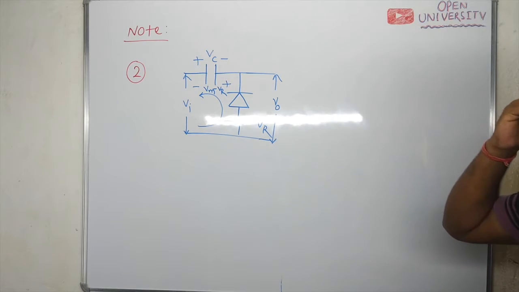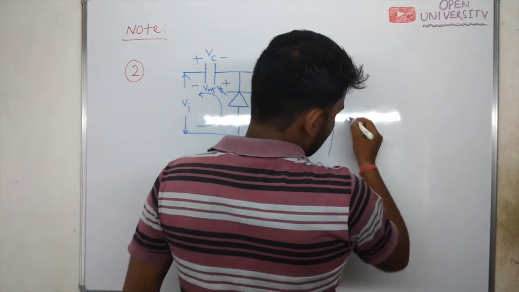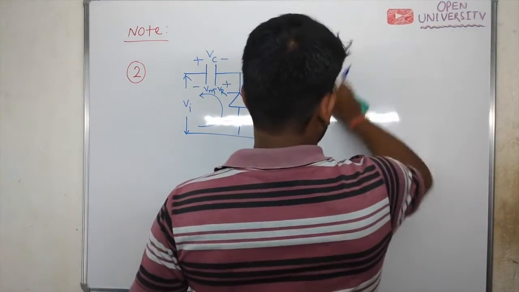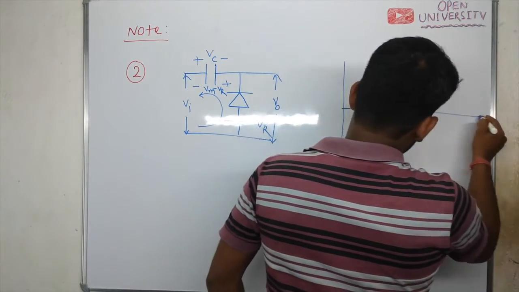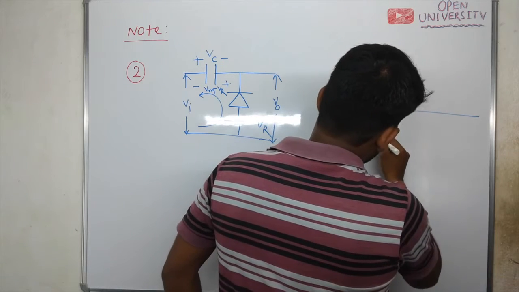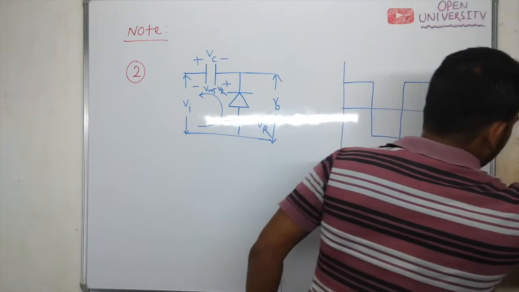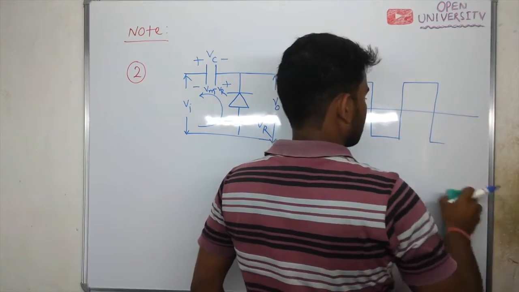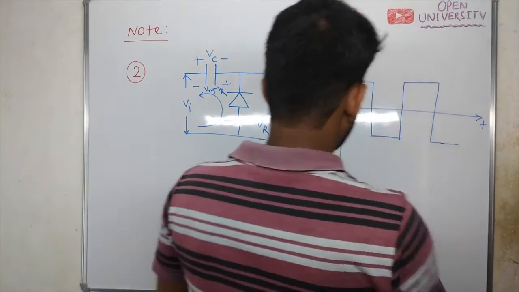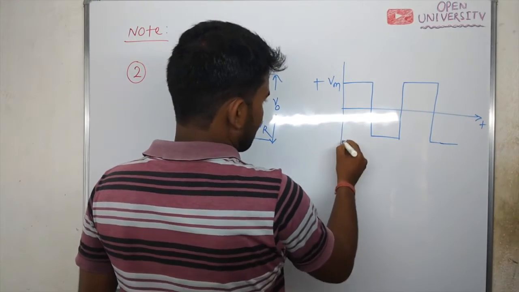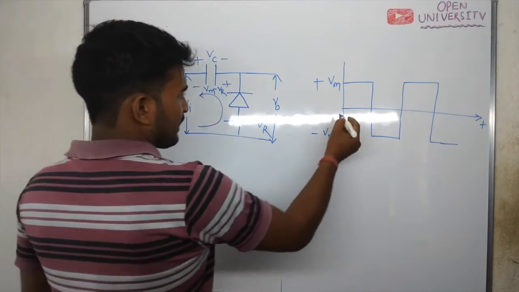Okay, and if you want to plot the input and output waveform, this is your input waveform having maximum value plus Vm and minimum value minus Vm, and this is your VR. Let VR be some positive value.